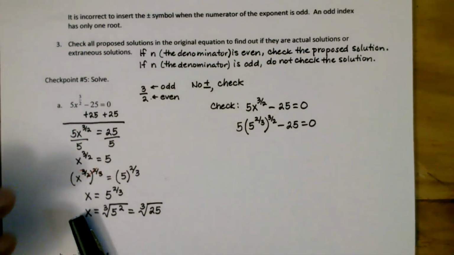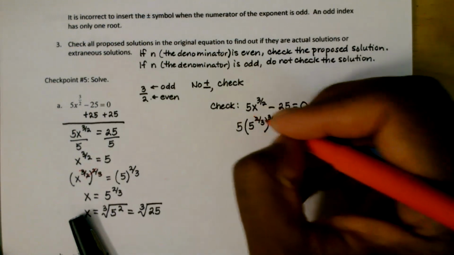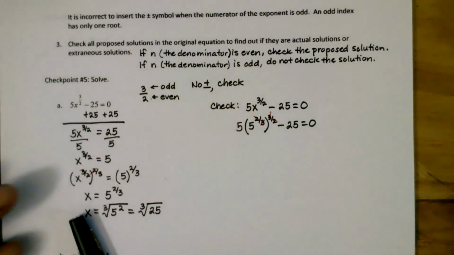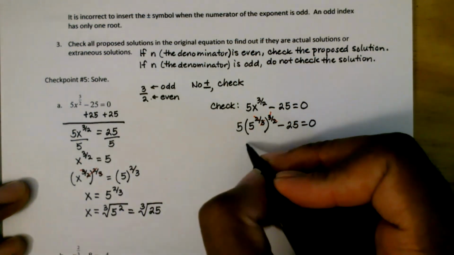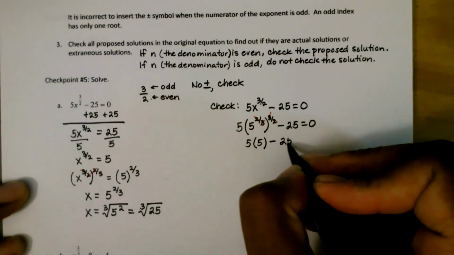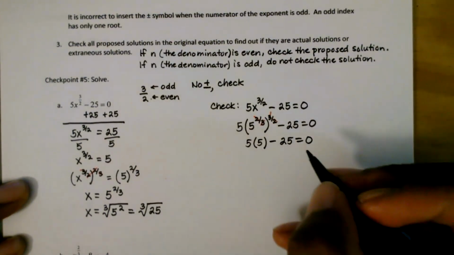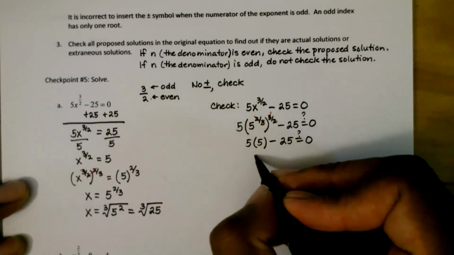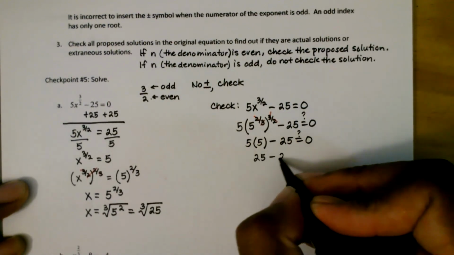0. Now when I do that, these 2's divide out and the 3's divide out. You're just left with 5 to the first power, just 5. So I have 5 times this 5 minus 25. I want to know that's equal to 0. Well, 5 times 5 is 25.